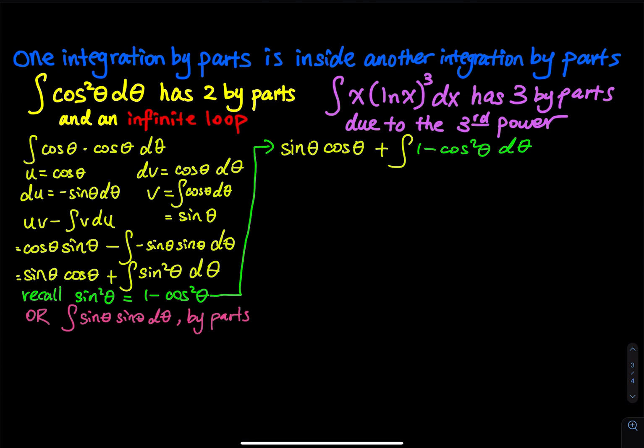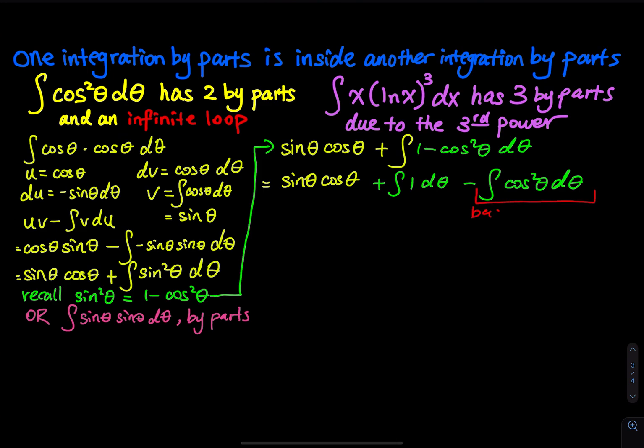You add the integral of 1 d theta, and then you minus the integral of cosine squared theta d theta. The yellow part is from the first integration by parts, sine of theta times cosine of theta. And as you can see, we are just back to the original problem. Do you see that this is the given integral? So, back to the given integral.